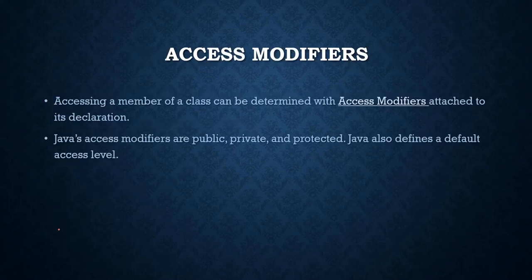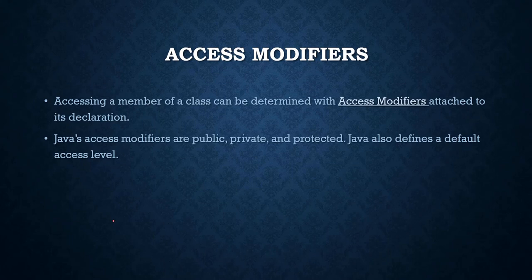Moving on, before we dive deep into inheritance, we will pause for a moment to understand what access modifiers are. Accessing a member of a class can be determined with an access modifier attached to its declaration.